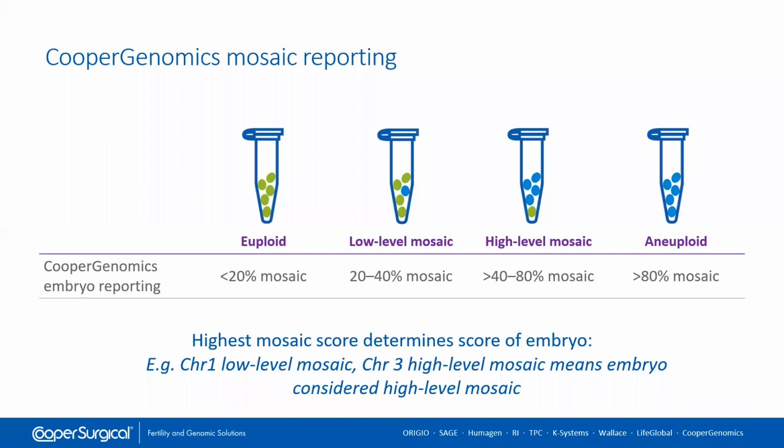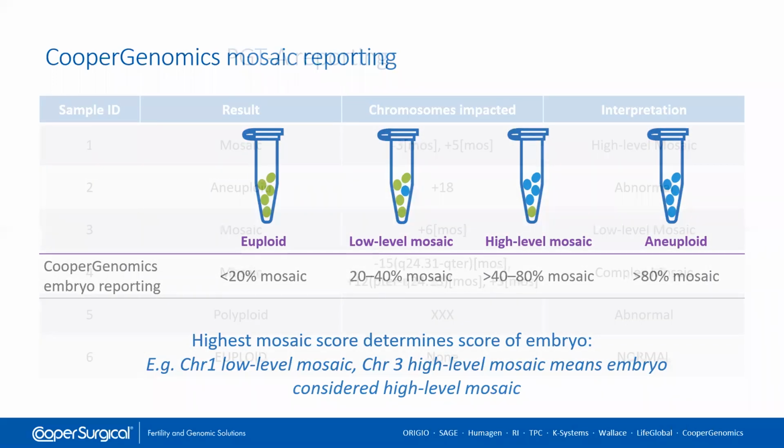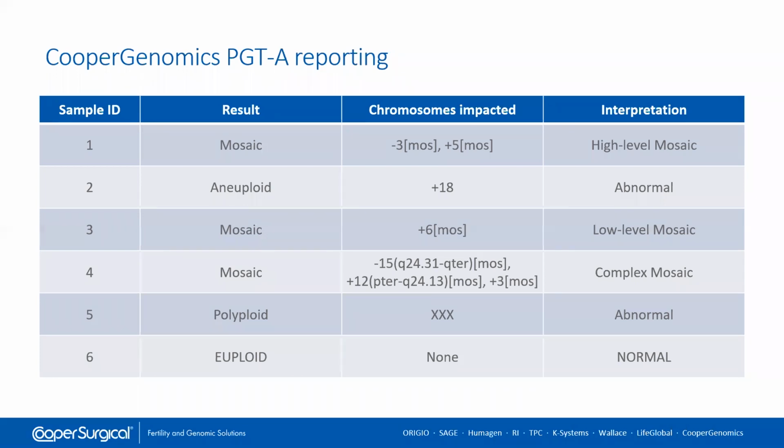Now, there is a caveat to this, and this comes back to the data that we will be presenting in a minute, is that it's the chromosome with the highest level of mosaicism which drives the outcome. So if you have an embryo with 2 chromosomes which are mosaic, say chromosome 1 is a low level mosaic, but chromosome 3 is a high level mosaic, we will consider that embryo to be a high level mosaic.